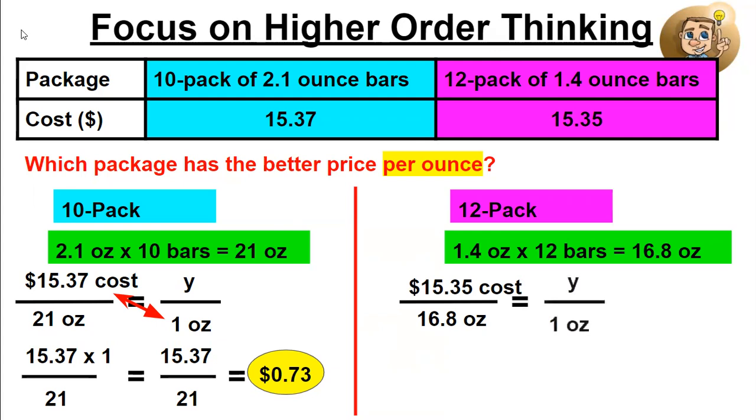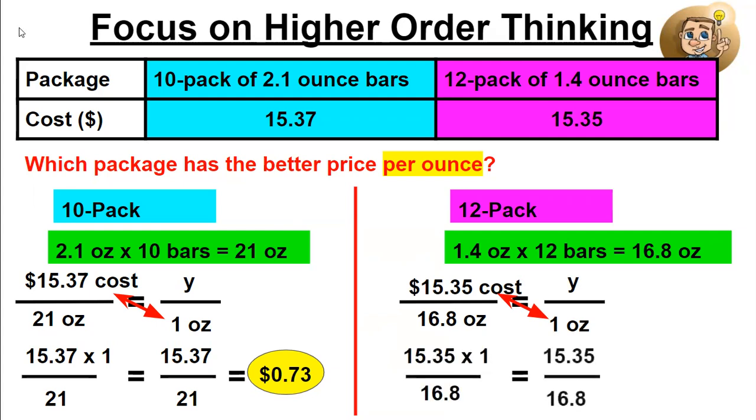Set that equal to Y over 1 ounce. How much does it cost for 1 ounce of food in that box? Cross multiply: 15.35 times 1 divided by 16.8. That's the same as 15.35 divided by 16.8. Put that in your calculator. You should get 91 cents. So it costs 91 cents an ounce in the 12-pack.